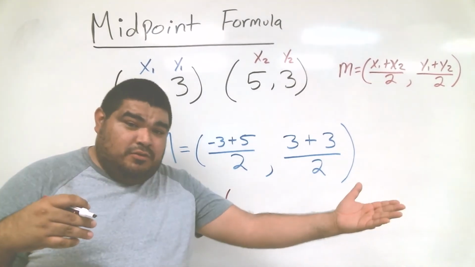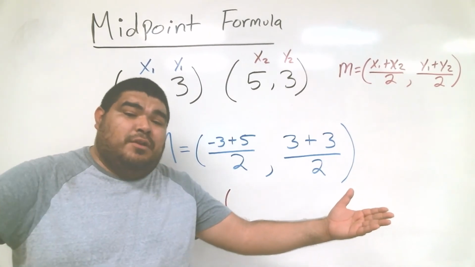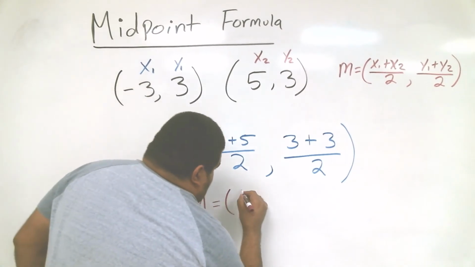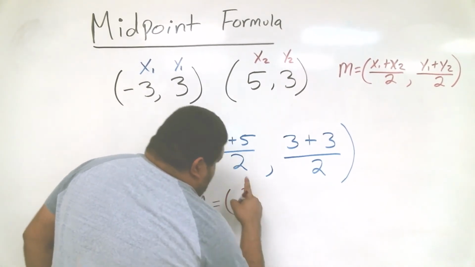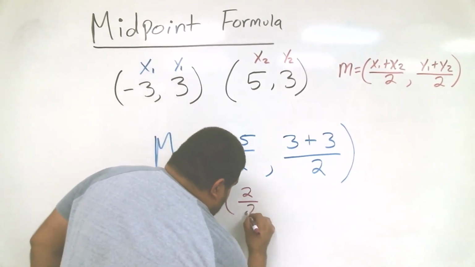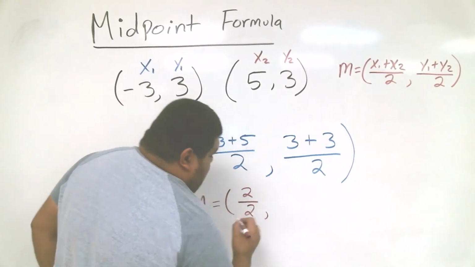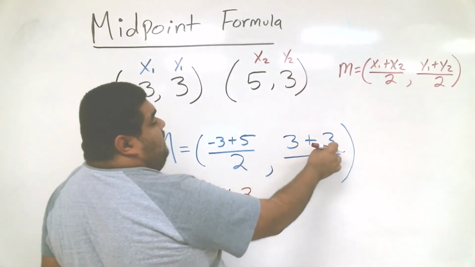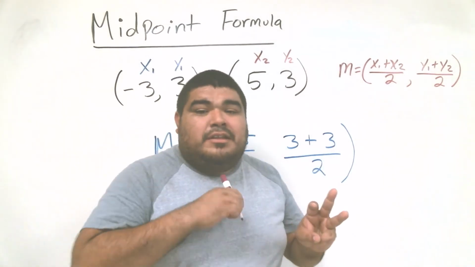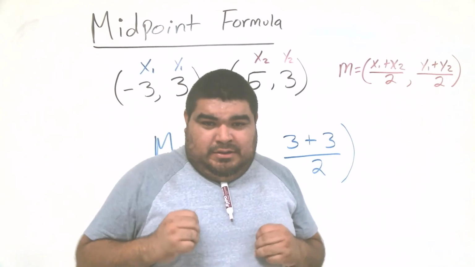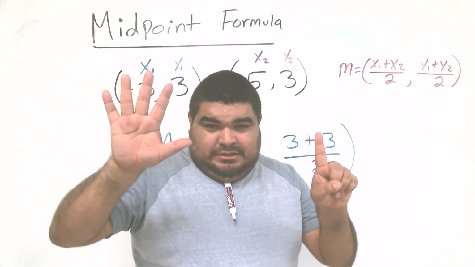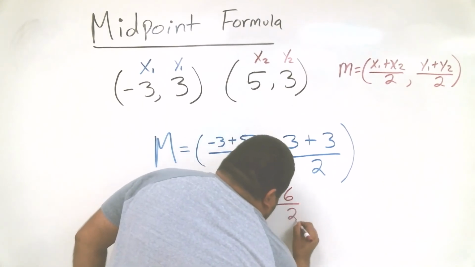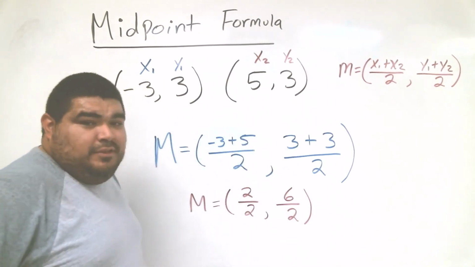Now, you owe those 3, so you're really only left with 2, right? 2 over, don't forget the 2, okay? Comma. Now we have 3 plus 3. Remember, 3, and then we add another 3. So that makes us 6, right? So we have 6 over 2, and then we close the parentheses.